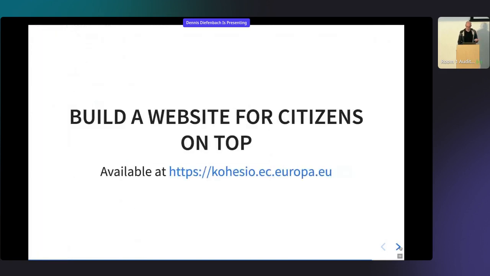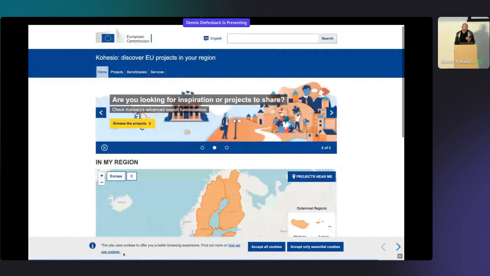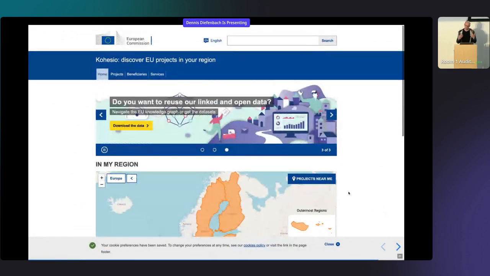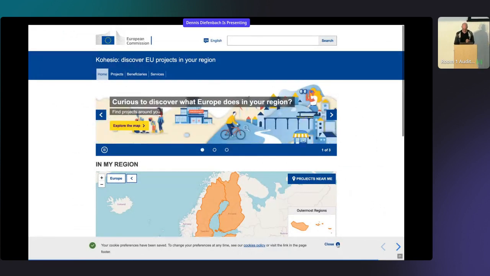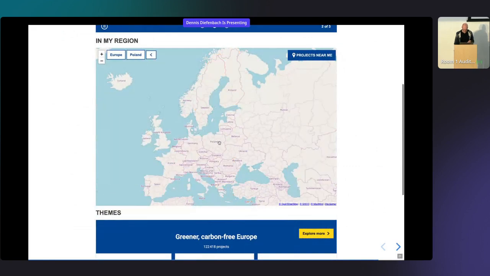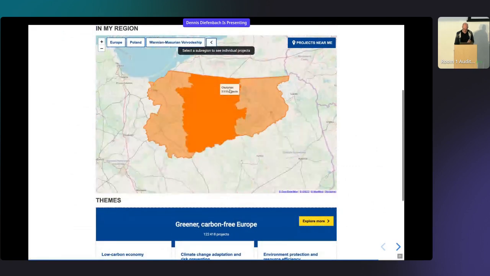On top of this, a website is constructed which is called Cohesion. It's available at cohesion.europa.eu, and it looks like this. This is meant as a tool for European citizens to discover how the money of the European Union is spent in Europe. We can go, for example, to Poland, to a certain sub-region.